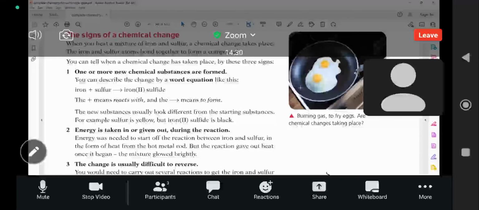Yes. Now, the science of a chemical change. The first sign is one or more new chemical substances are formed. When we add iron and sulfur, we got a mixture of iron and sulfur.